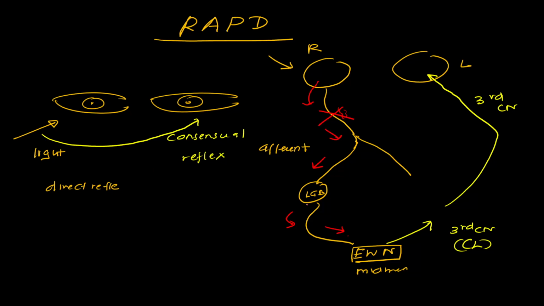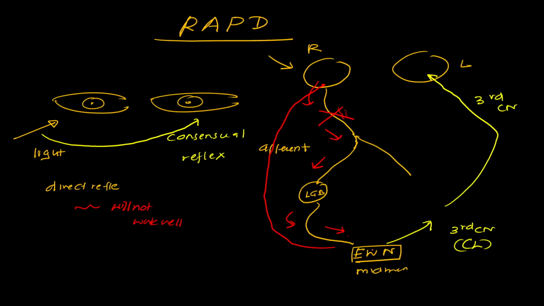The afferent pathway is a bit deteriorated. Hence, the direct reflex will not work well. It is somewhat reduced. You would see a sort of constriction, but it is not sufficient, not as that of a normal eye.